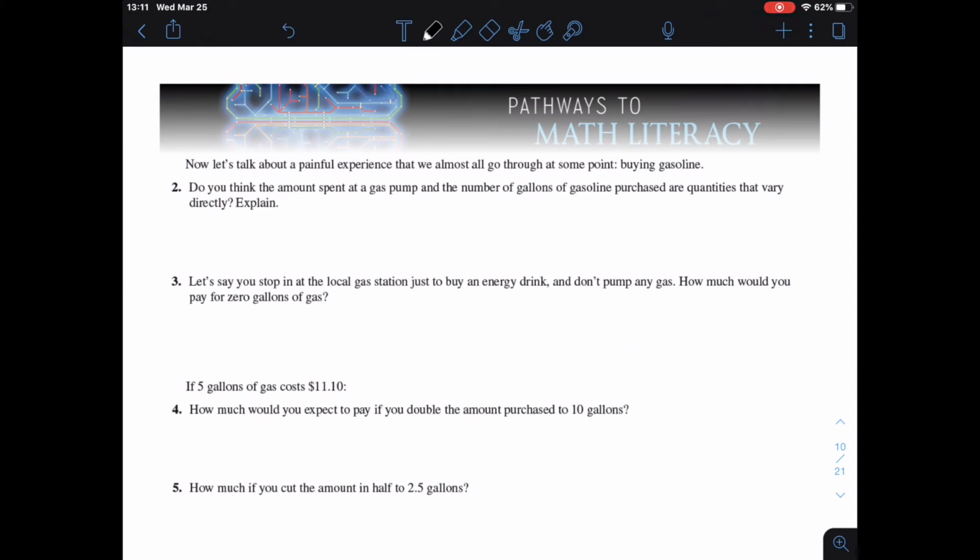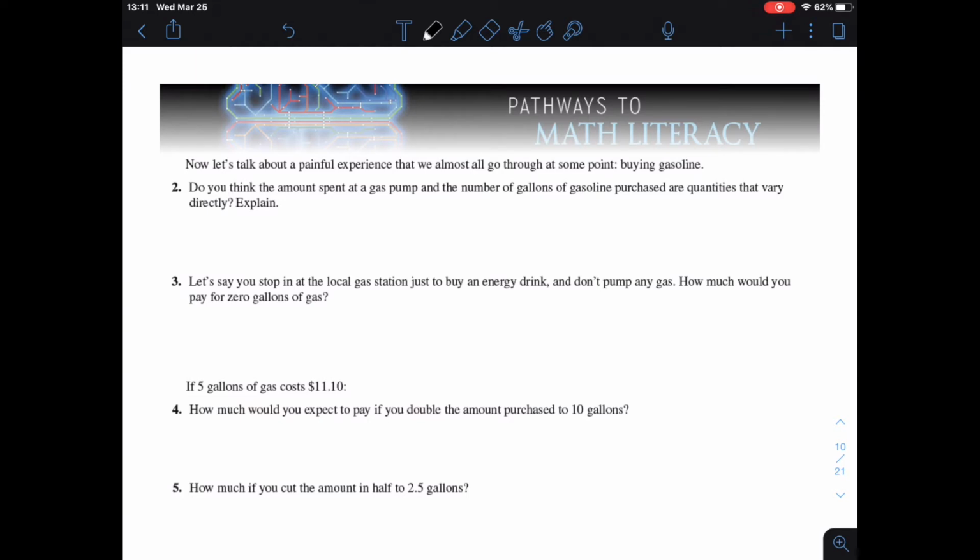So let's instead look at a different example. We're going to talk about buying gasoline. Do you think the amount spent at a gas pump and the number of gallons purchased are quantities that vary directly? Again, remember the key is this has to start at 0, 0. If I buy no gallons of gas, it's going to cost me no dollars.